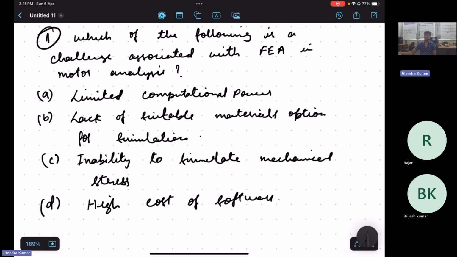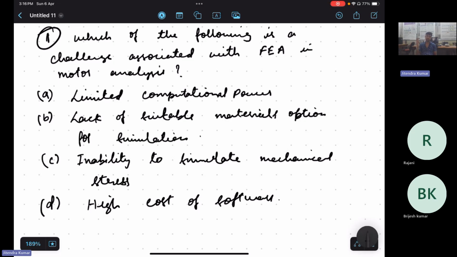What does it say? It is a powerful computational tool. If you pick any tool, any software, it is a powerful tool, so it has computational power. That is certainly true, because to do electromagnetic analysis and all FEA with fine meshes, if you do not have enough computational power or enough resources, then what will happen?